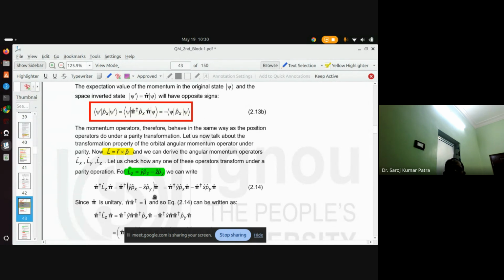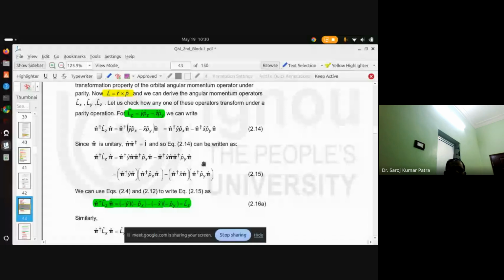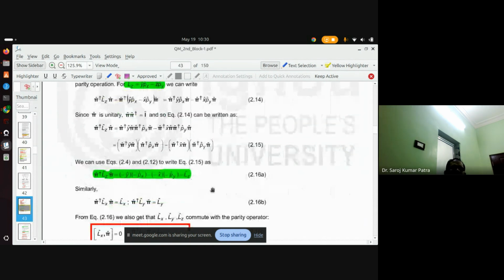So that is why when we operate parity on the angular momentum, here you can see equation 2.16 A. There you can clearly see that when we operate parity operator, the angular momentum actually does not change.